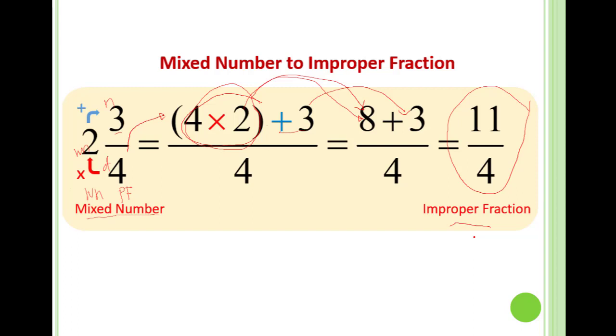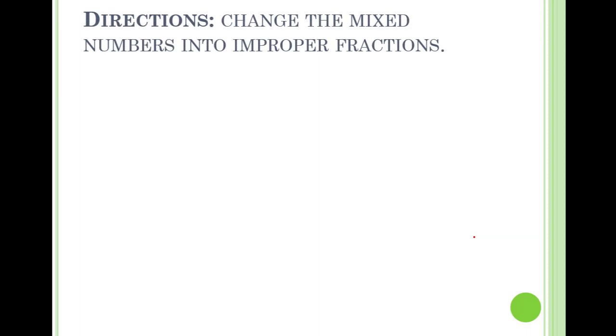So our result now will change to improper fractions. Okay, let's try to have an example. Directions. Change the mixed numbers into improper fractions. Number 1. Okay, so we have here 4 1 over 3. Again, what is the rule for this?